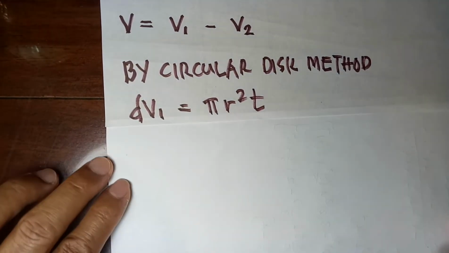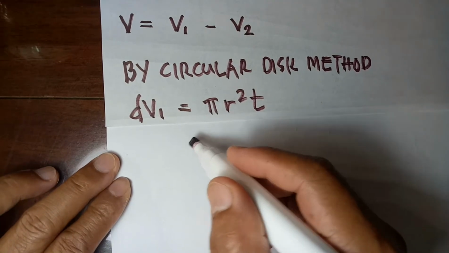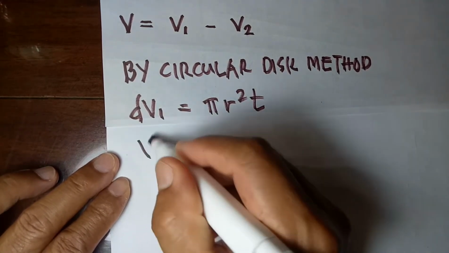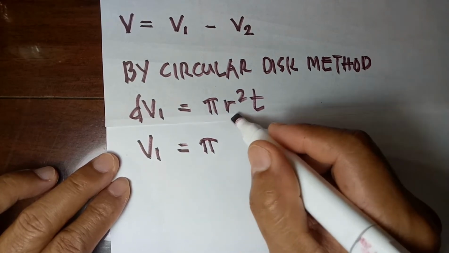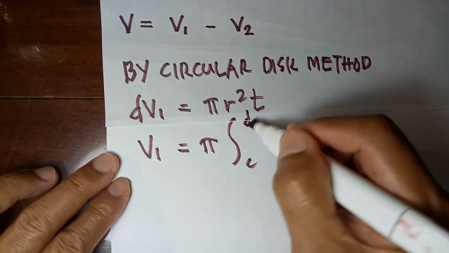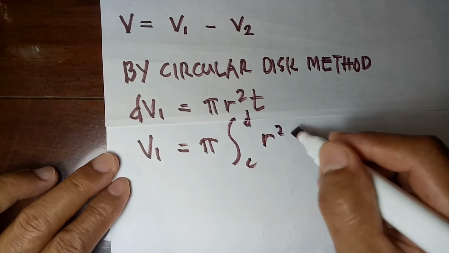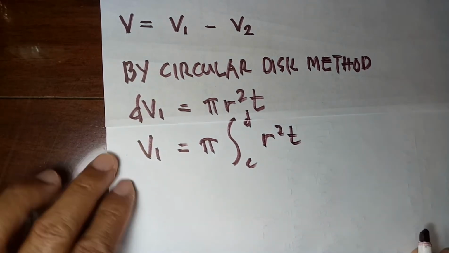That is our formula. We integrate both sides, so volume 1 equals pi times the integral from c to d of r squared times the thickness.